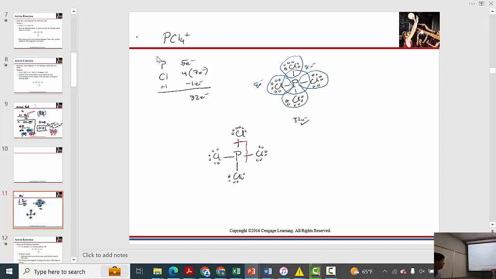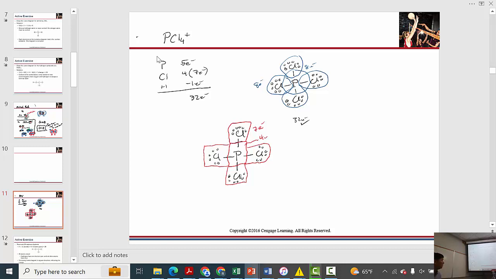So that's 7 electrons, the other one has 4. What has 7 electrons? The chlorine. Actually, all the chlorines are the same. They all have 7 electrons. Is everybody seeing that? And then the phosphorus ends up with 4 electrons.